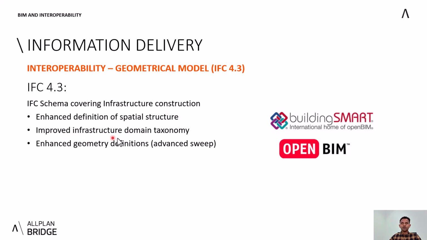And we have also improved infrastructure domain taxonomy, so we have new terms that better explain the domain, basically the infrastructure or the bridge project or road project. And in terms of the geometry, we have also more enhanced definitions. So more complex geometries such as sweep and so on are better supported in the new version.